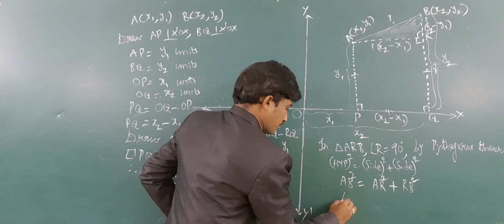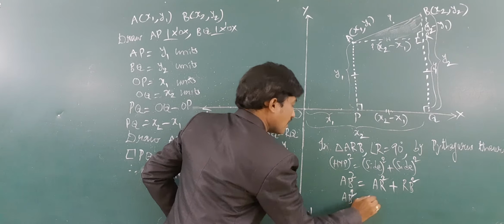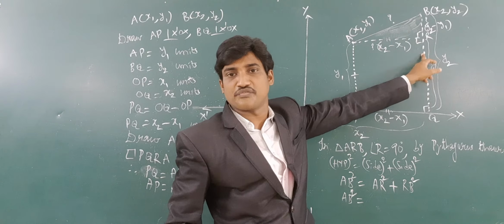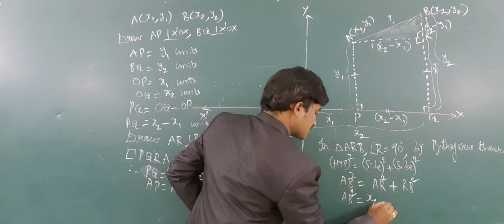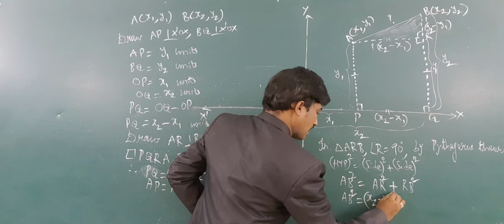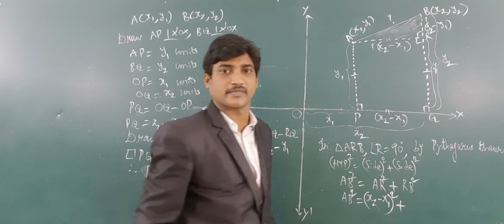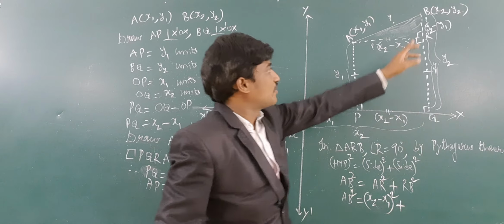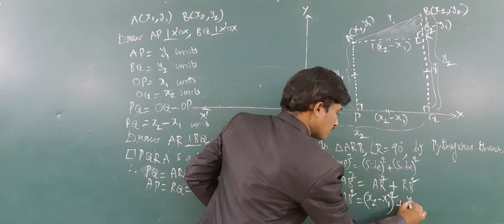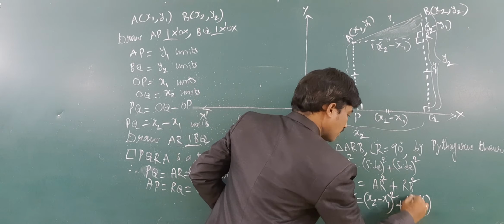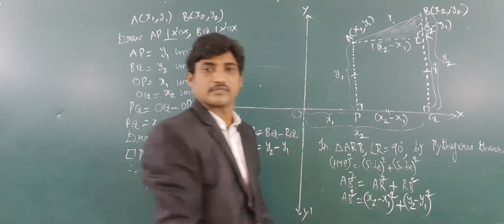AB square is equal to AR, we have AR length is x2 minus x1 units, so x2 minus x1 whole square plus RB length is y2 minus y1, so y2 minus y1 whole square.